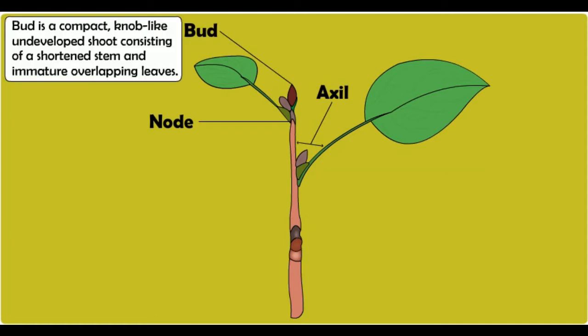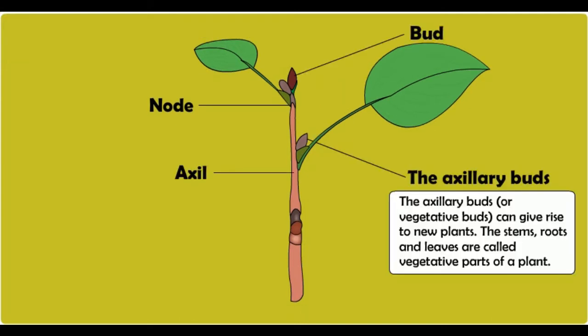Bud. A bud is a compact, knob-like undeveloped shoot consisting of a shortened stem and immature overlapping leaves. Buds are the growing points of a plant. The axillary buds or vegetative buds can give rise to new plants. The stems, roots and leaves are called vegetative parts of a plant.